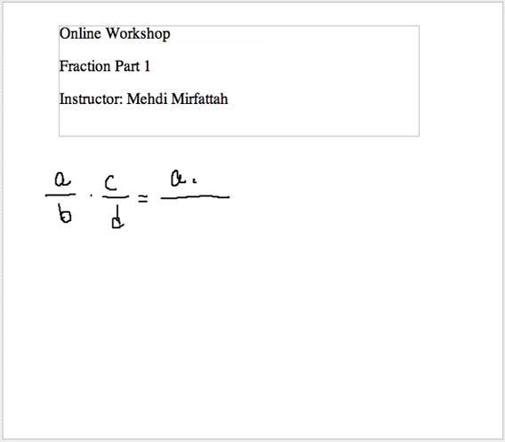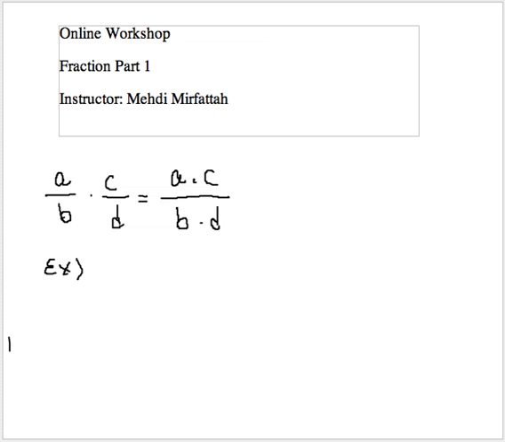So to simplify, what we need to do is multiply the two numbers at the top of the fraction, as you said, AC, and the numbers at the bottom of the fraction, BD. Before we multiply this, we want to see if we can reduce them, of course. Let's take a quick example.